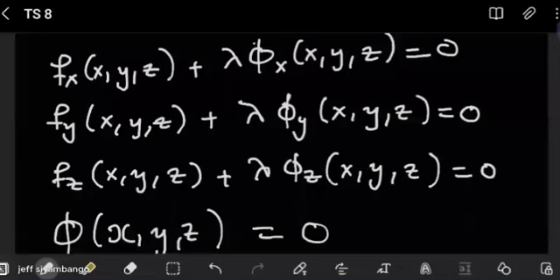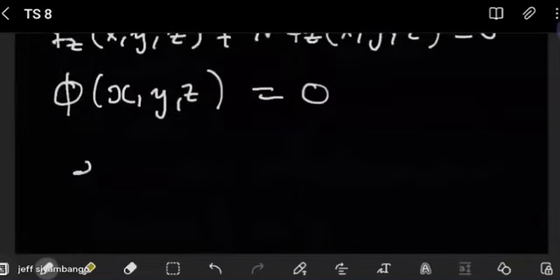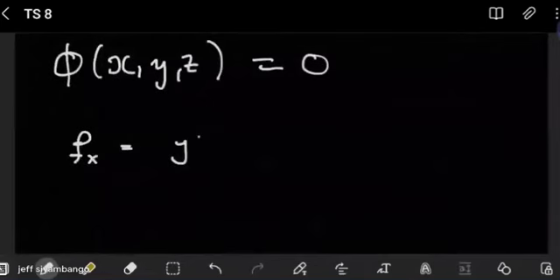Okay. So partial derivatives. First, let's get partial f, partial x. Partial f, partial x is basically just this. With respect to x, we're going to have yz. I can actually just go right ahead and write what we have there.